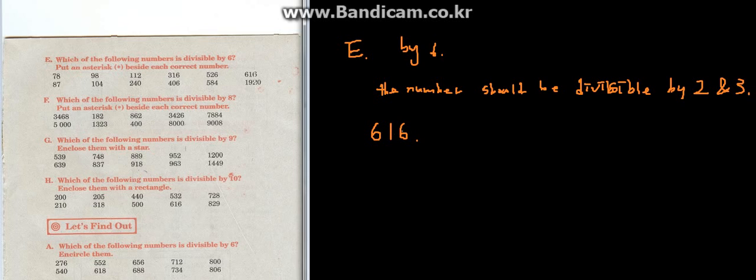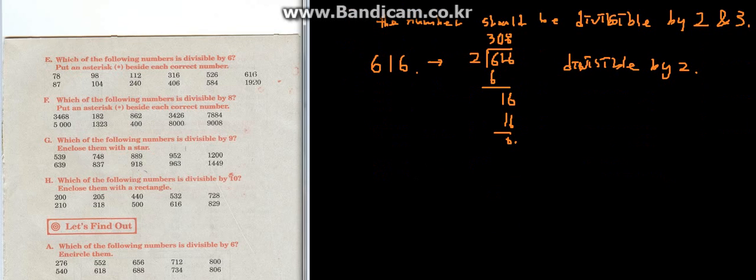Let me divide it by 2. 2 goes 3 times, no remainder, bring down 1 and 0, bring down 6 again, and 2 goes 8 times, with no remainder. Yes, it's divisible by 2.